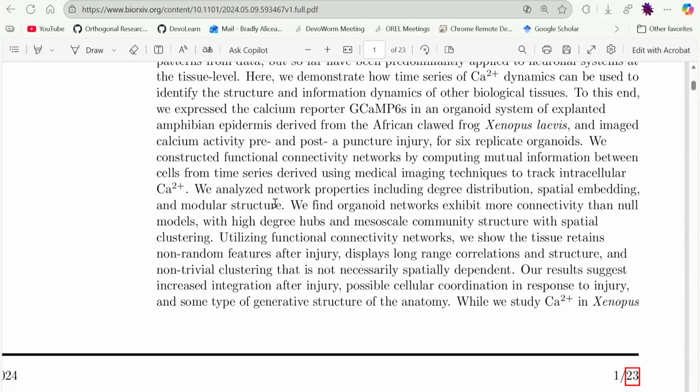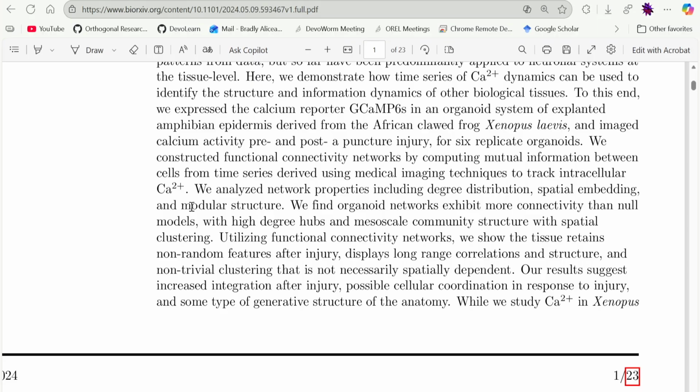So these are all measurements of networks and their structure. So degree distribution is the size of the network or how far one node is from another. Spatial embedding is a spatial measure, and then modular structure is how modular or how compartmentalized the network is.